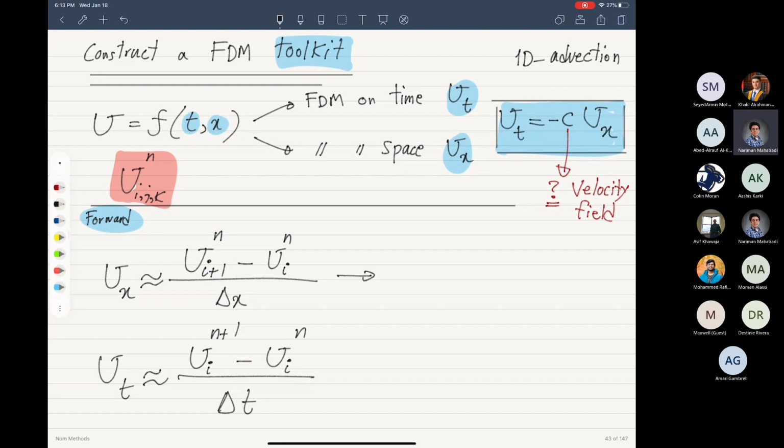And again, these are coming from the Taylor series. If I write this unknown function at a time, and then I'm trying to approximate this unknown function at x naught plus delta x, then you can write this as follows.